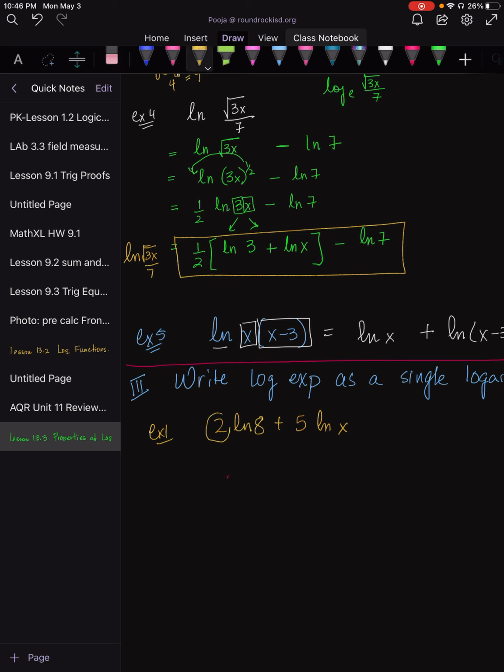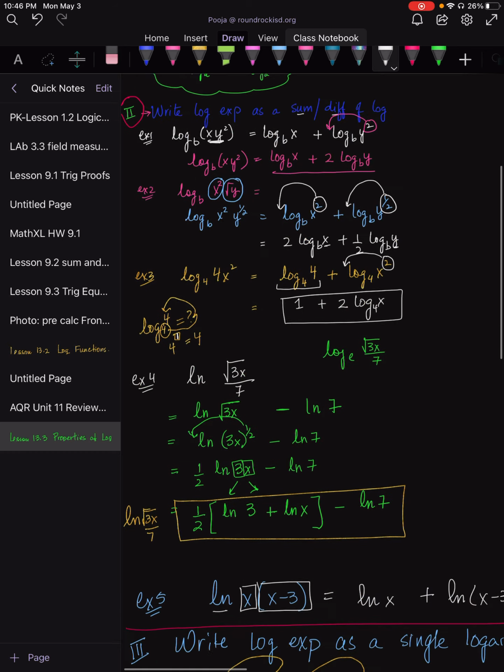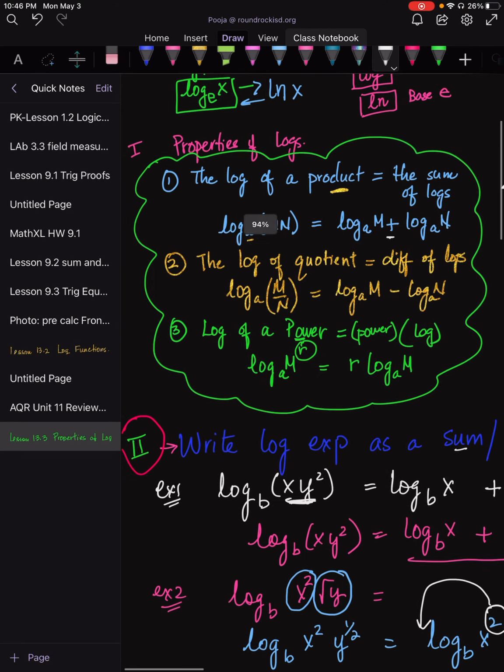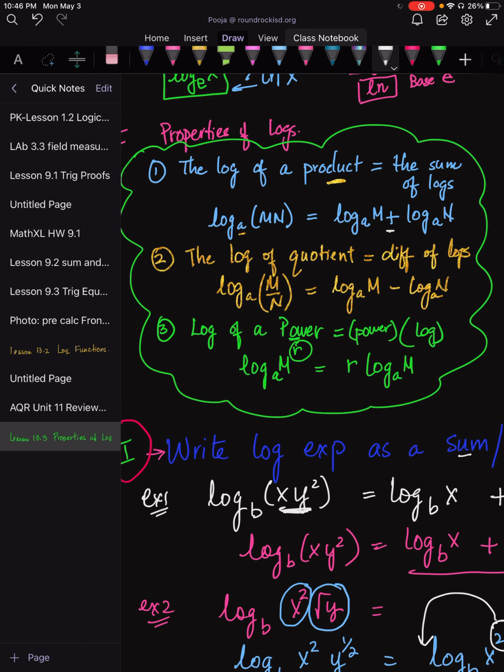You see that 2 here? This can be moved back to the power. Same thing with the 5. We're using property number 3 here. Before I can even do 1, I have to do 3.